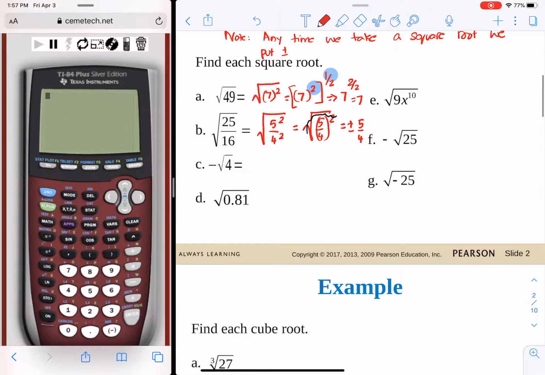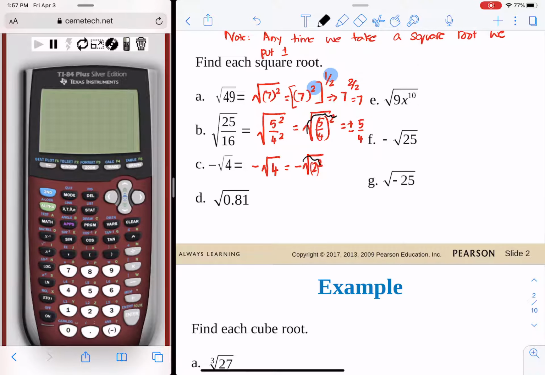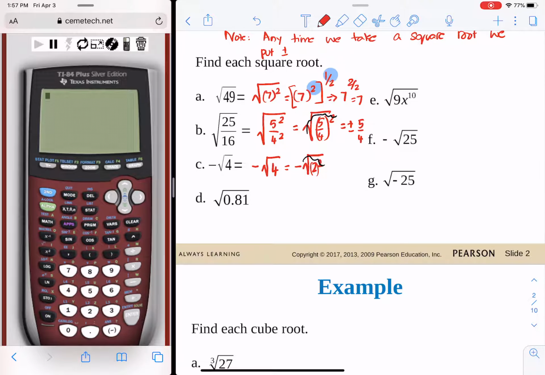So if the negative is in front of the root, 4 is simply 2 squared, the root and the square would go away. Keep in mind, it's not the formal phrase to use, but I'm using it so that we can understand this easily. So the negative is in front of the root.